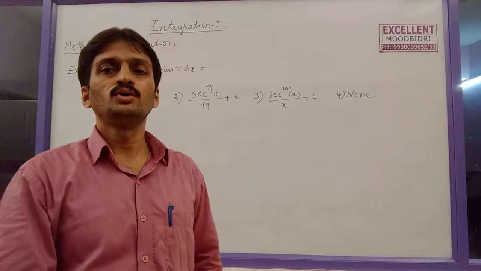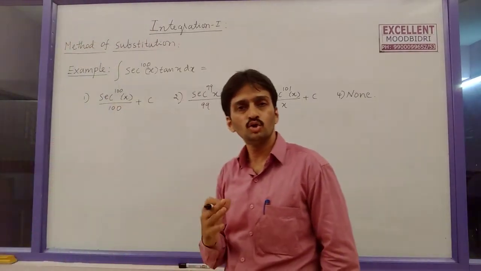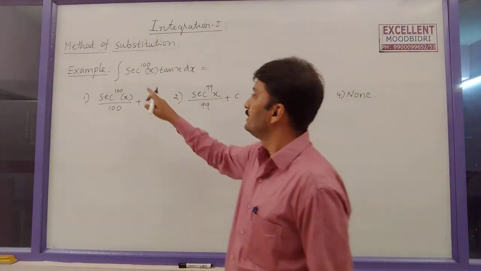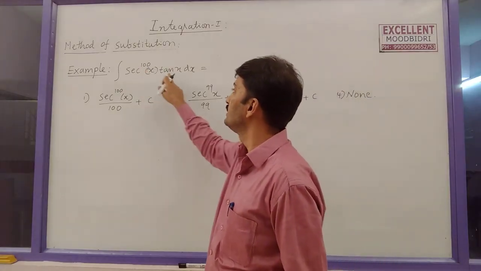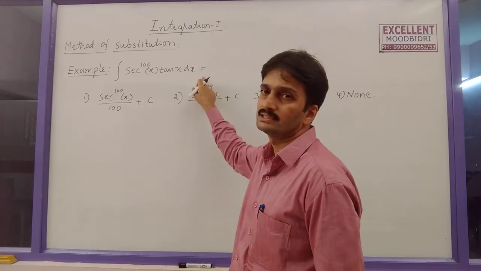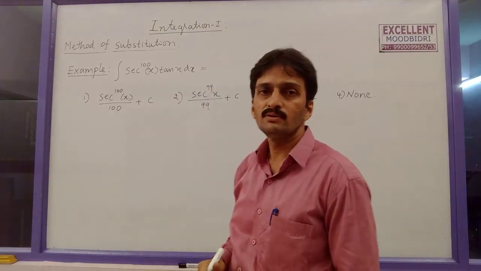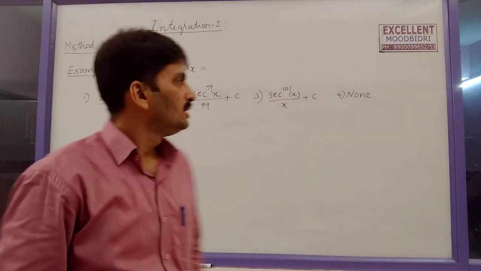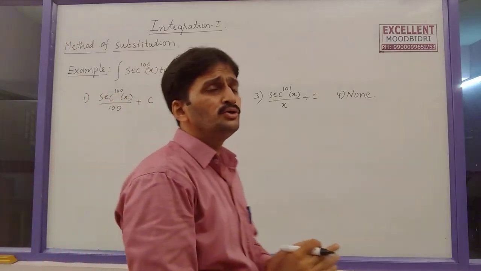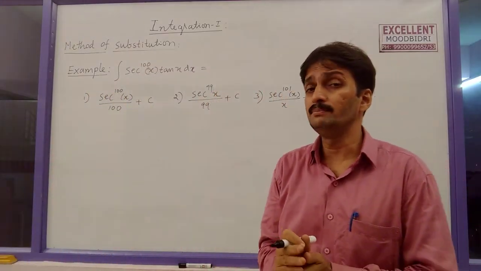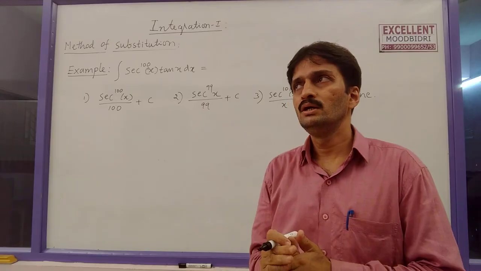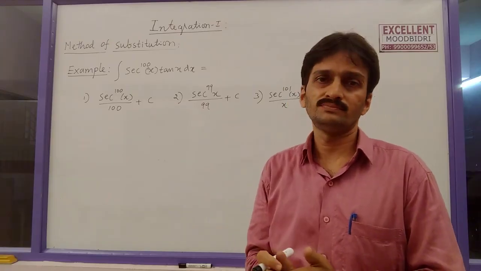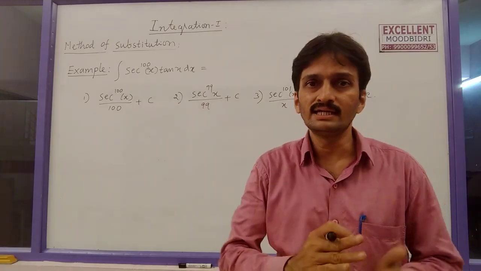Let us solve 1 or 2 examples. Integrate secant x power 100 into tan x dx. Now here you have to quickly identify the presence of a function and its derivative. What is the derivative of secant x? Secant x into tan x.